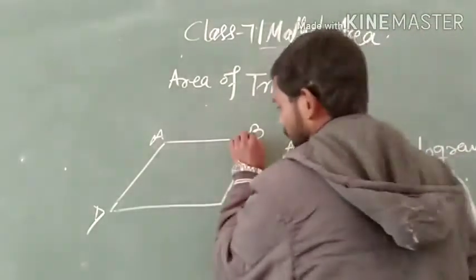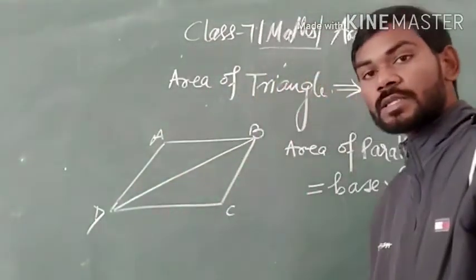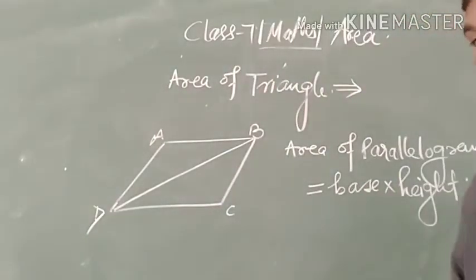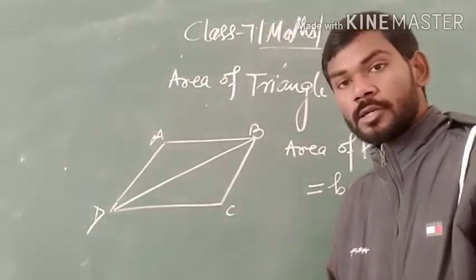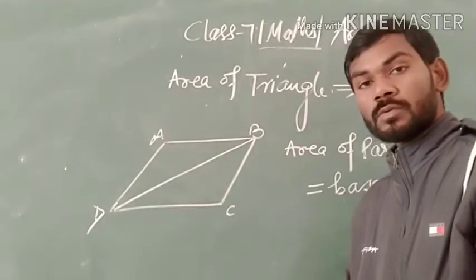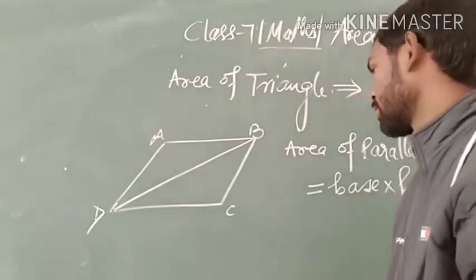When we draw this diagonal BD, it will divide the parallelogram into two triangles of the same magnitude.